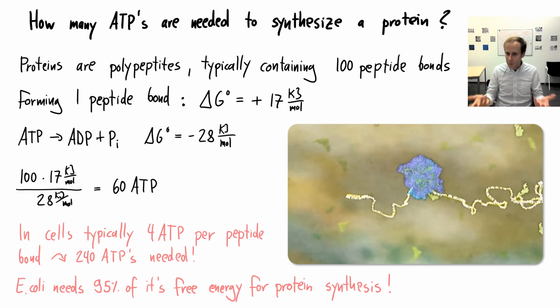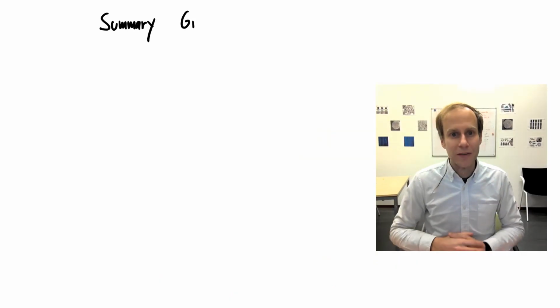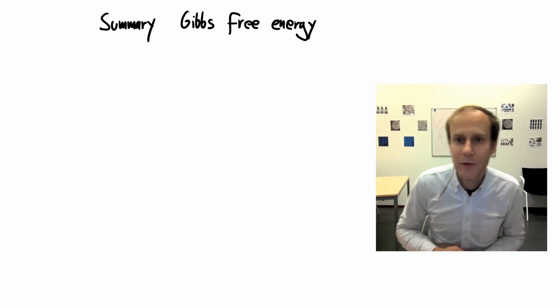So protein synthesis is quite an expensive process, but as you saw in this knowledge clip, it is based on the non-volume work that is provided from the Gibbs free energy change of reaction of the hydrolysis, for instance, of ATP. Excellent. That brings me to my summary of the Gibbs free energy.